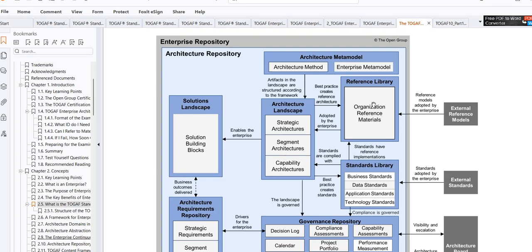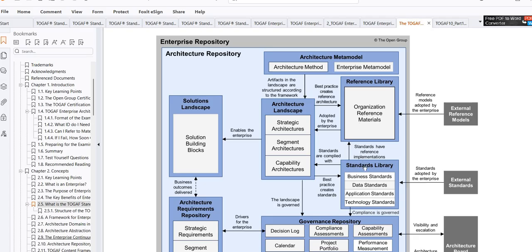Now the reference library stores the organization's reference materials, like your existing reference documentation, design principles, and diagrams. Those are reference libraries.